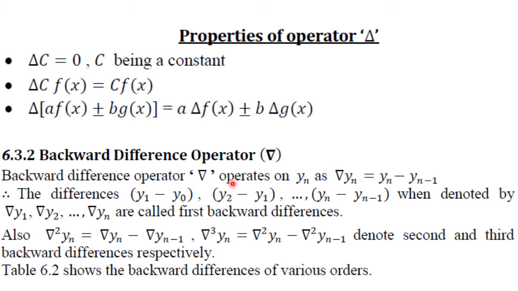So it gives you the differences like y1 minus y naught, y2 minus y1, yn minus yn minus 1. But this is very important, students: this is the backward difference operator, so it means you are going backward. If you apply nabla on yn, you start from yn, then go back and subtract yn minus 1.